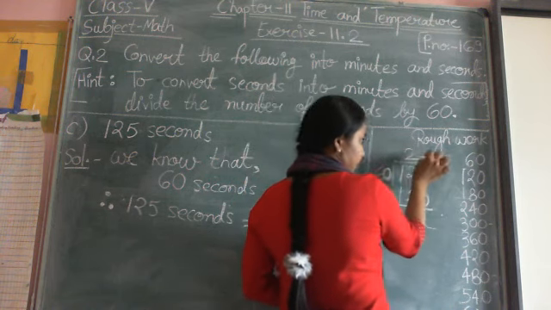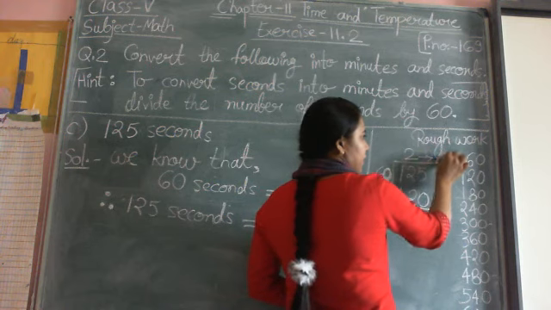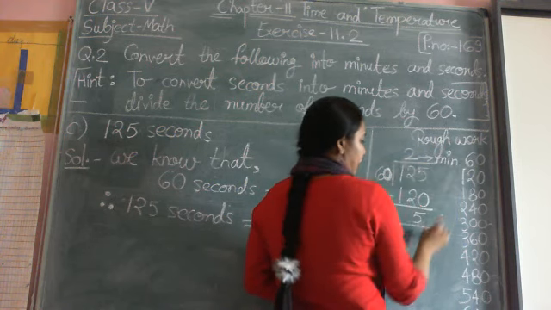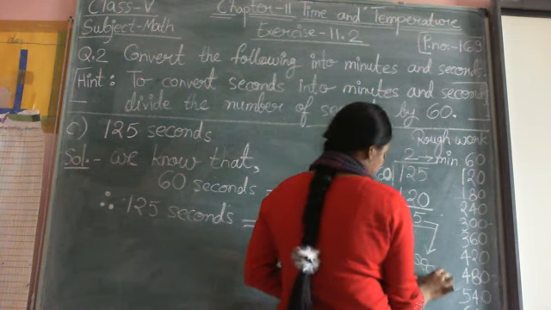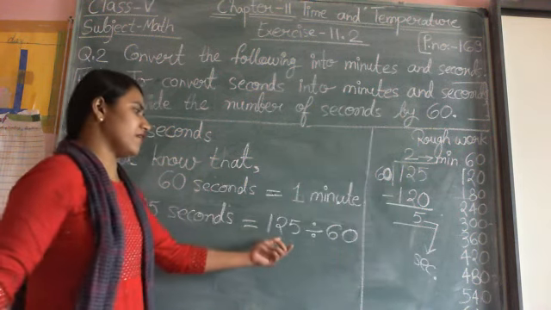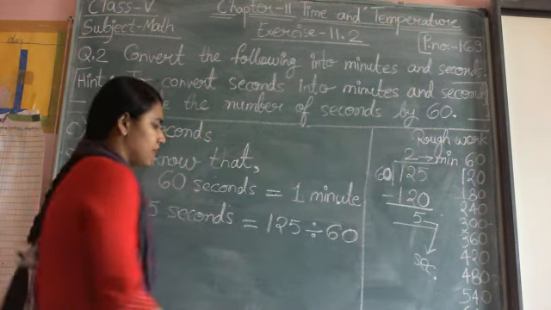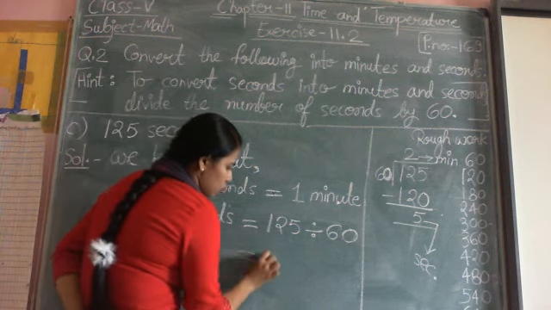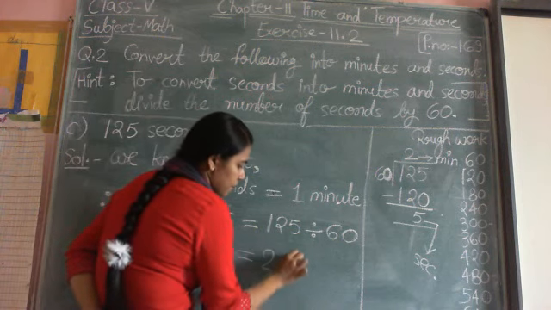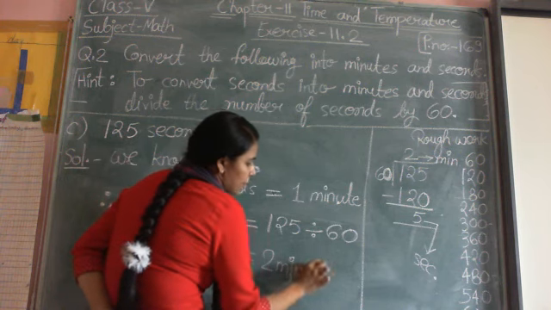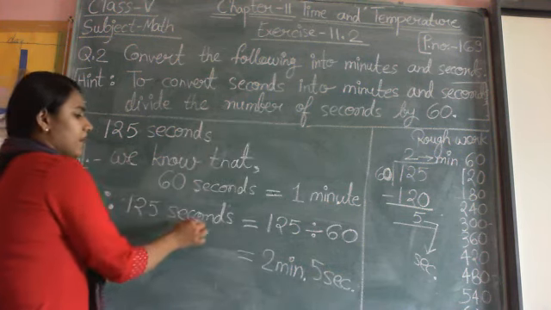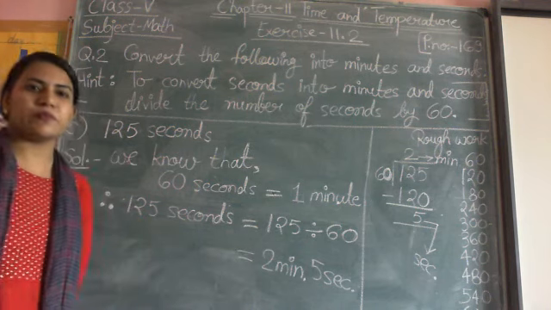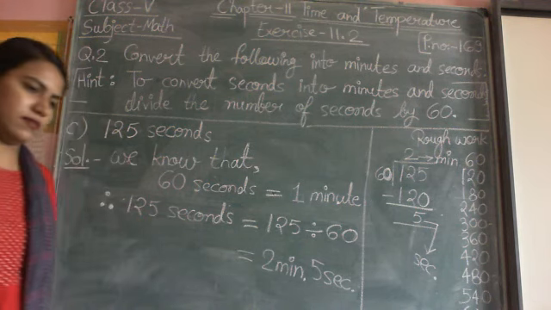Here, the number in the quotient part will be your minute and the number in remainder part will be your seconds. So when we divide 125 by 60, my result is 2 minutes 5 seconds. So 125 seconds are equals to 2 minutes 5 seconds.